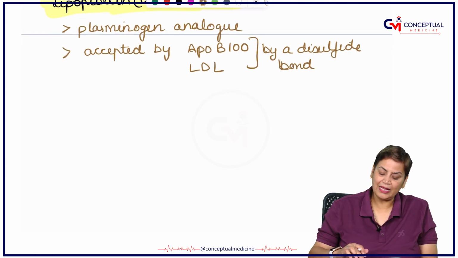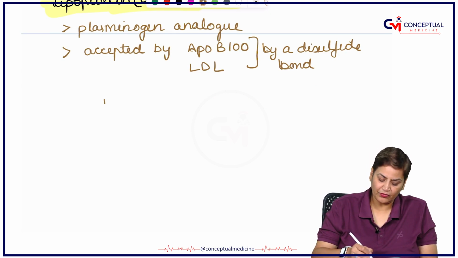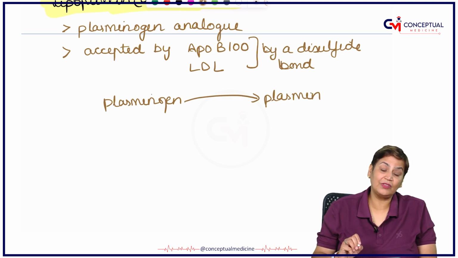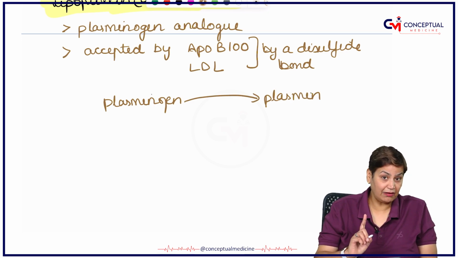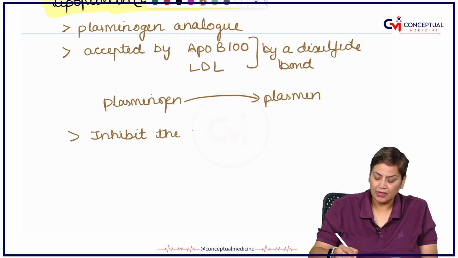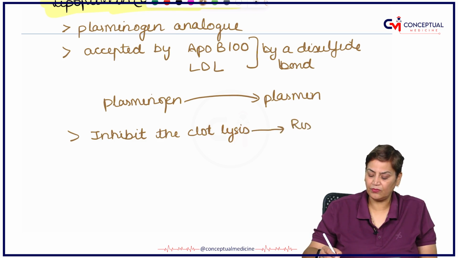So what will happen is, plasminogen has to be converted into plasmin, but due to the presence of this LPA, not alpha, LPA, it will inhibit clot lysis, thereby increasing the risk of thrombosis.